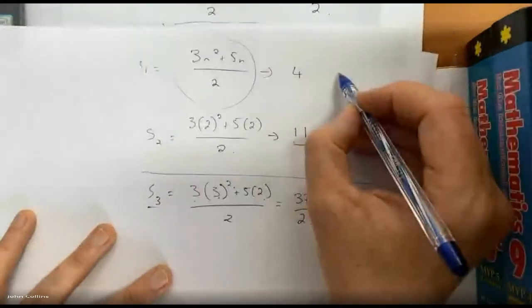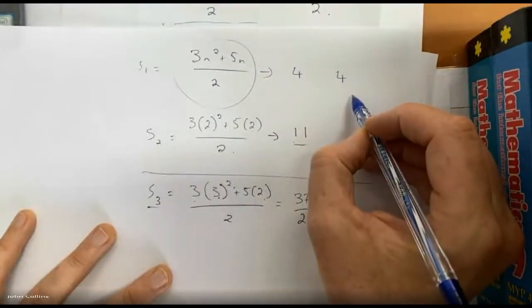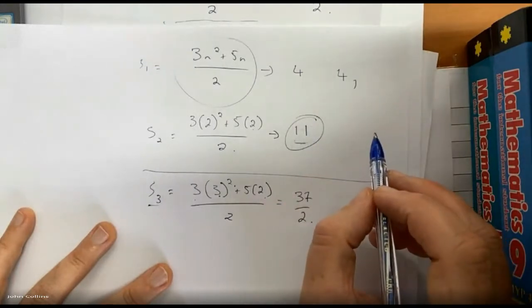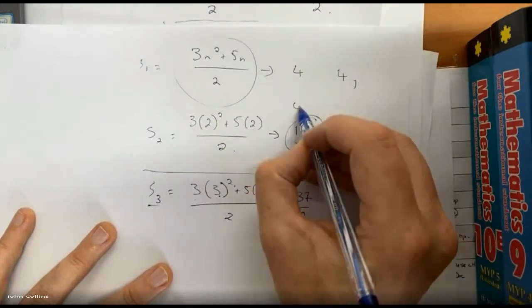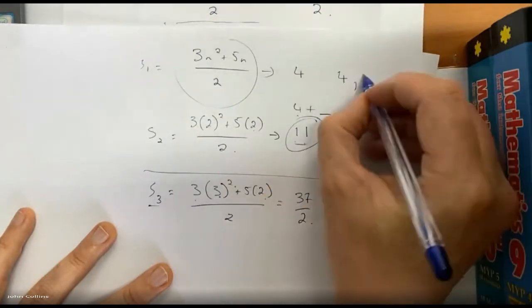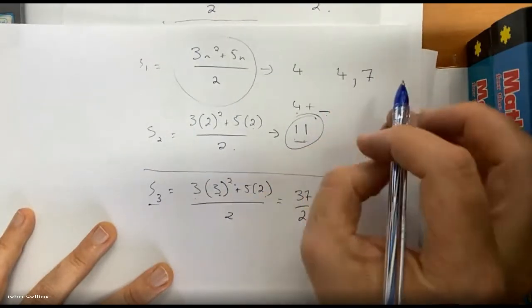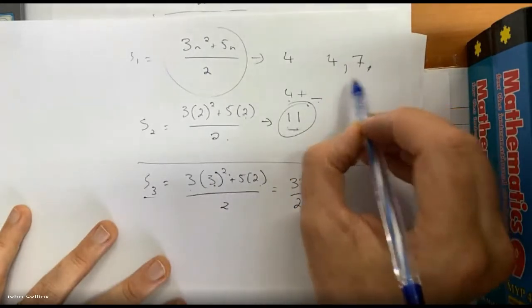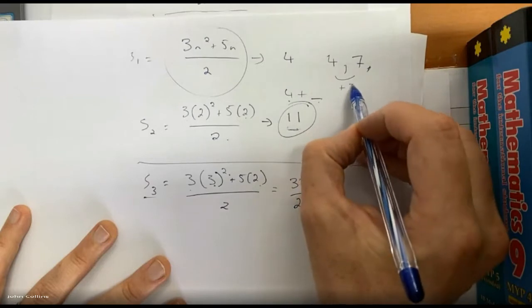So the first term is 4. So what's the second term then if the sum is 11? That's going to be 4 plus something is 11, the sum of the first two terms. So 4 plus 7. And now 4 plus 7, that's the first two terms. That's going to be an addition of 3.